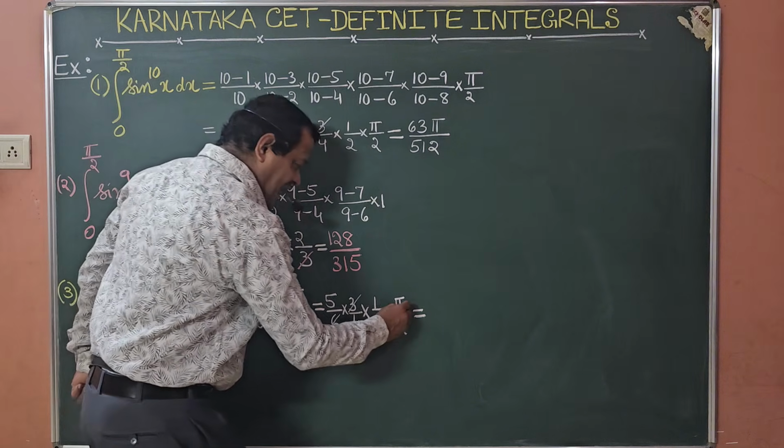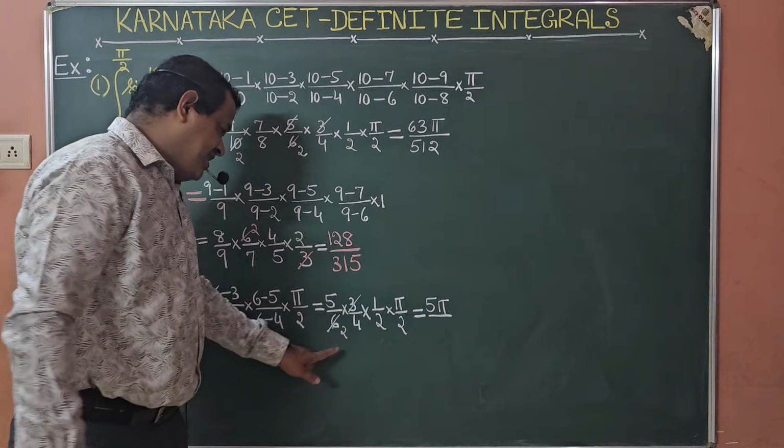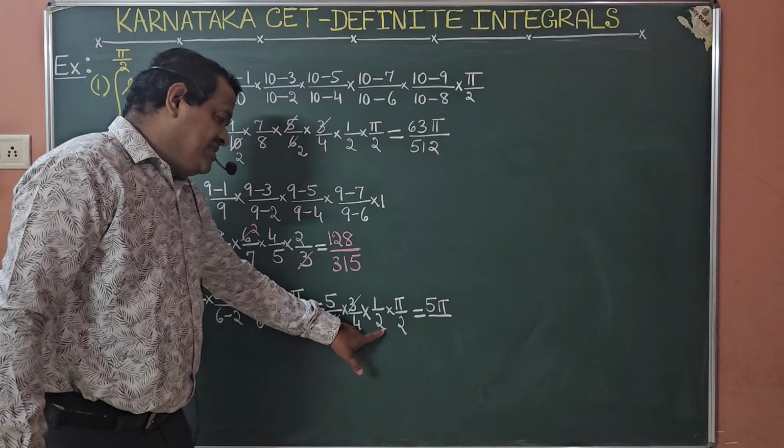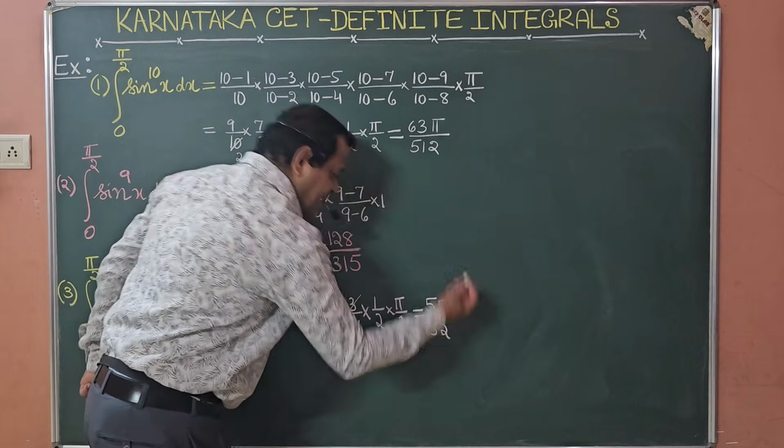Therefore, numerator we have just 5 pi. Denominator 2 into 4 8, 8 into 2 16, 16 into 2 say 32.